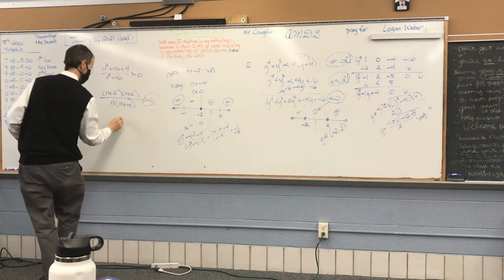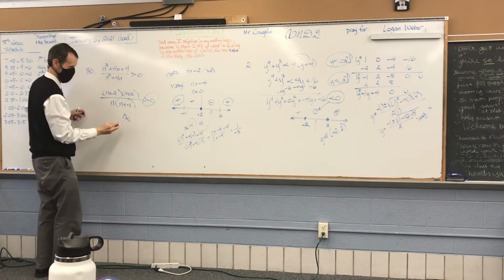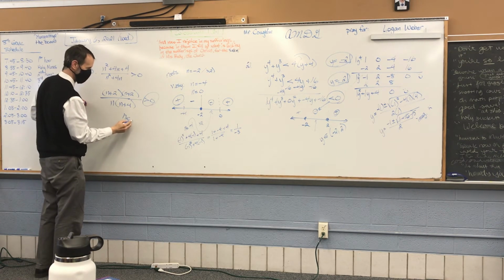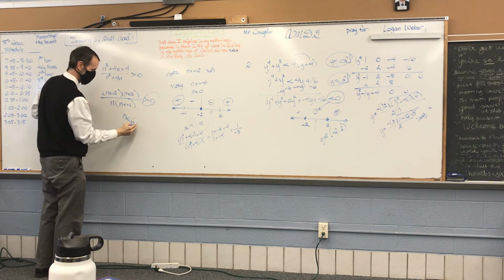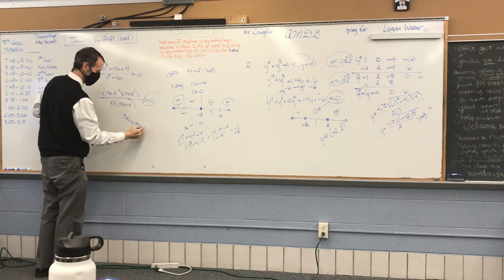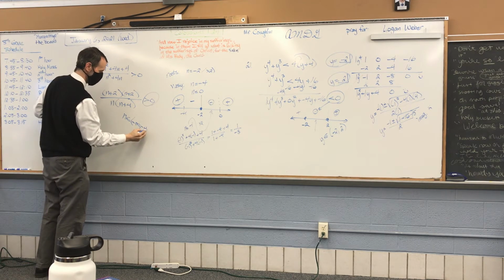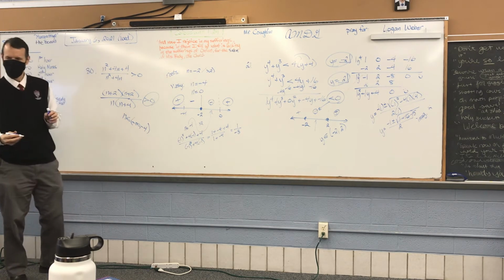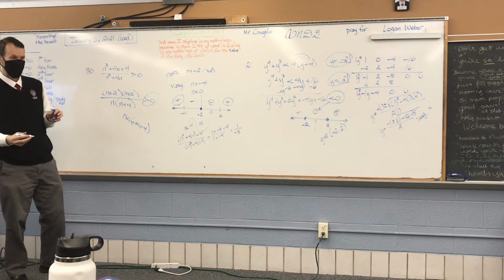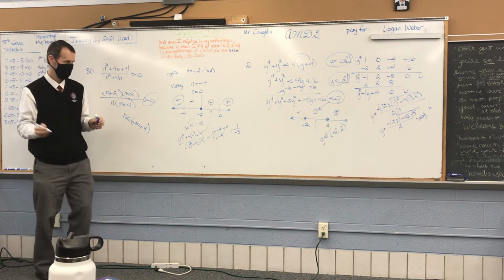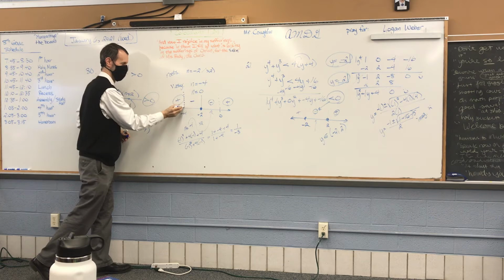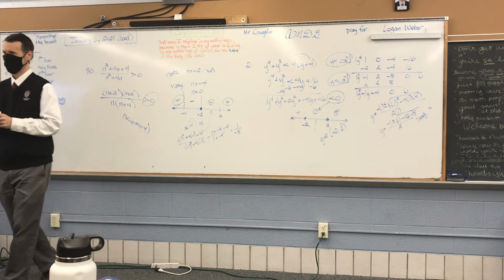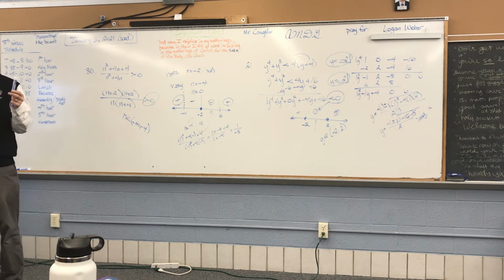So you have n belongs to, round bracket, negative infinity, negative 4. Round or square? Round, because it's just a less than. True, and there's another reason. It's a vertical asymptote, and if you touch it, you die.